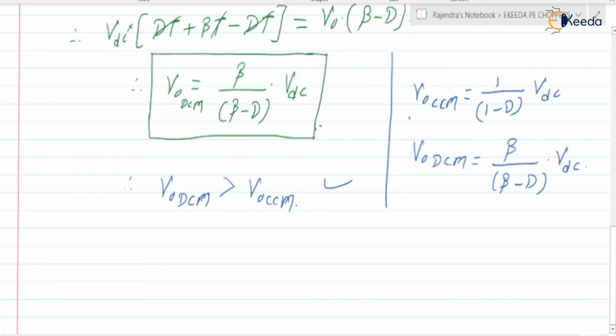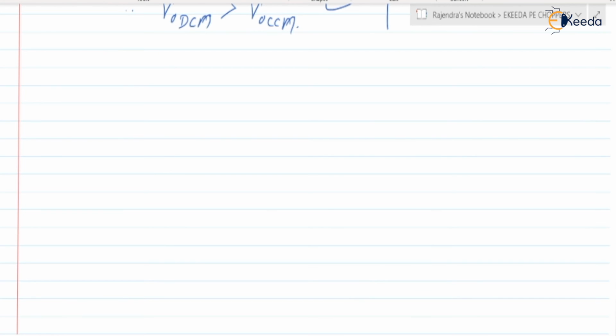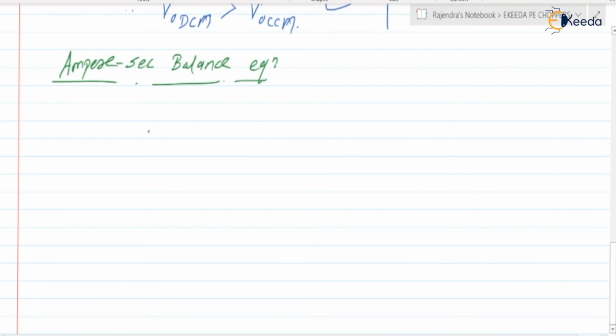Next, can we write the ampere-second balance equation? Yes, we can write the ampere-second balance equation. What is the IC into dT, plus IC into beta minus d into T, is equal to 0.